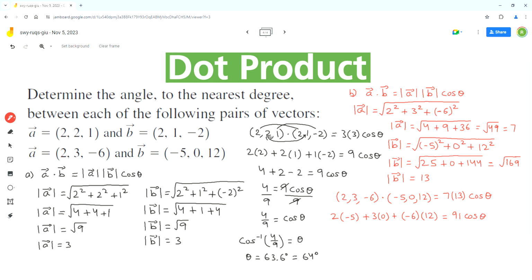Now we can simplify the left side. So 2 times negative 5 is negative 10. 3 times 0 is 0. And 12 times negative 6 is negative 72. So on the left side, we get negative 82.